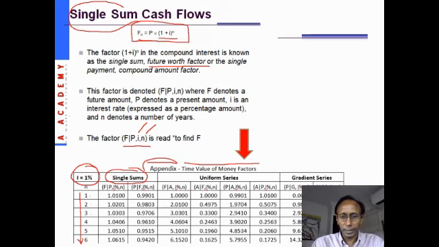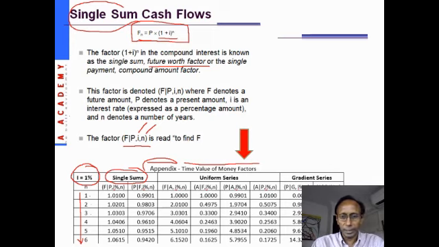An interest rate of 1% is one page, 2% is another page, 3% is another page, and so on. On each page, the number of years the money is deposited in the bank is indicated by each row. After 1 year, this is the factor. After 2 years, this is the factor. After 3 years, this is the factor, and so on.